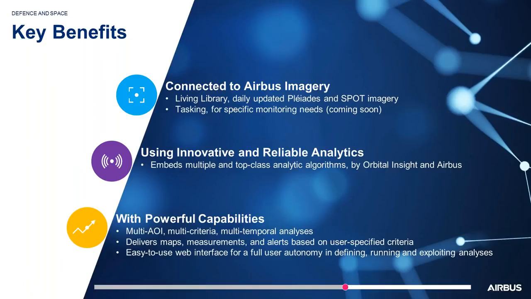And the last point is the capabilities, very high, with high powerful capabilities, because Earth Monitor is able to run multi-AOI, multi-criteria, and multi-temporal analysis, and deliver maps, measurements, and alerts based on user-specified criteria.